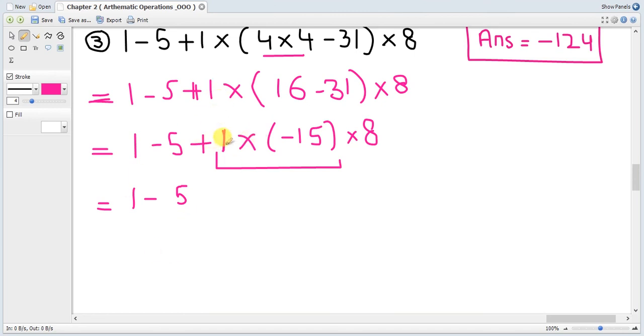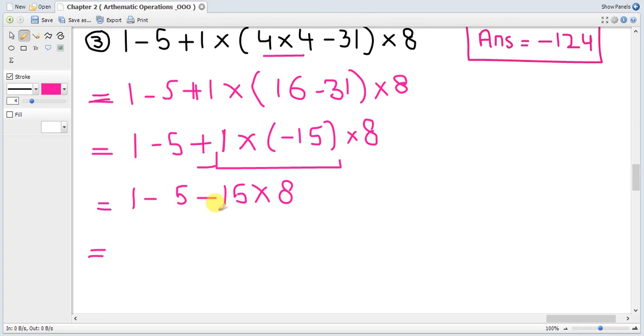So the sign with this 1 is plus and the sign with this 15 is negative, and they both are times. You have to multiply these two numbers. So plus minus is minus, and 1 times 15 is 15. And write the remaining number, which is times 8, as it is.